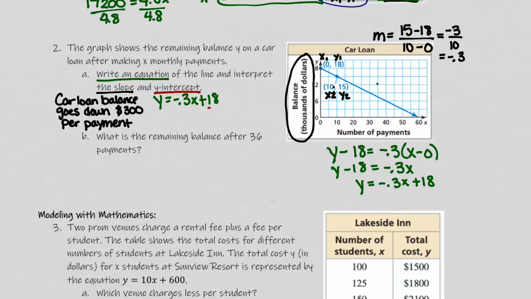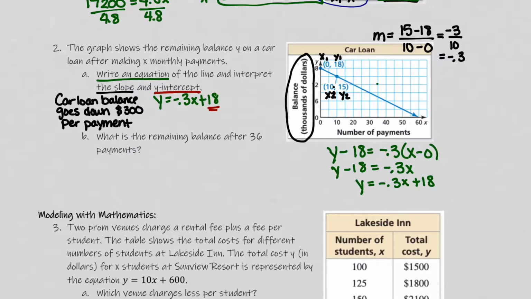So what does this 18 mean? Well, this is in thousands, remember, because it's a y value. That just means the loan started with, let me rephrase this to actually make more sense here. That's what happens when I don't pre-do this.